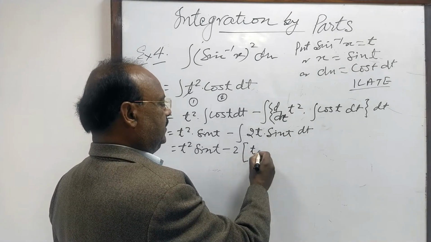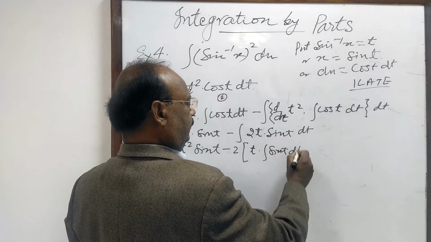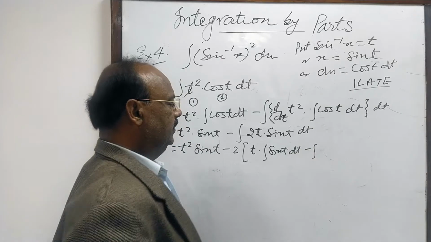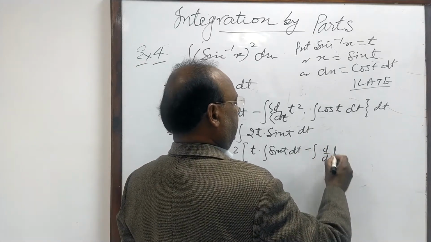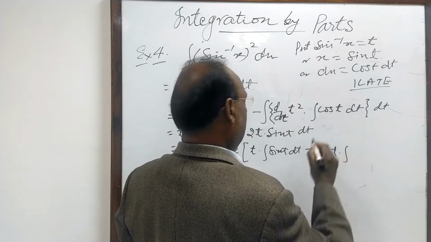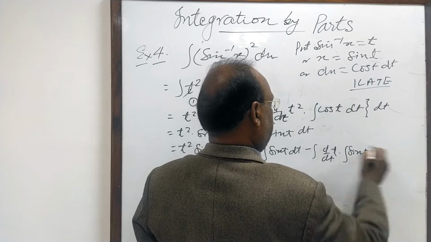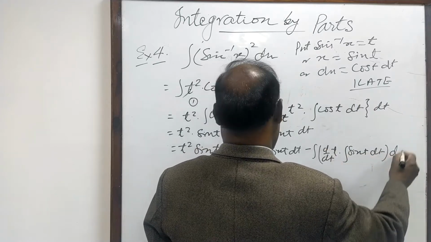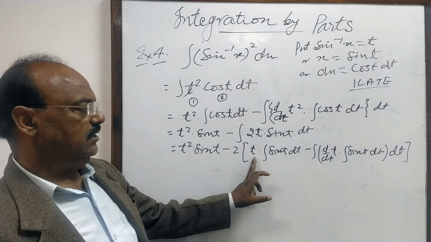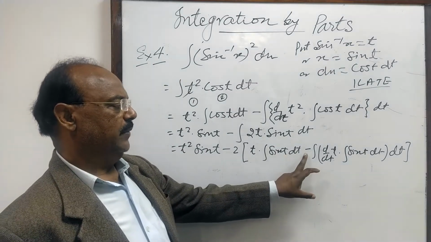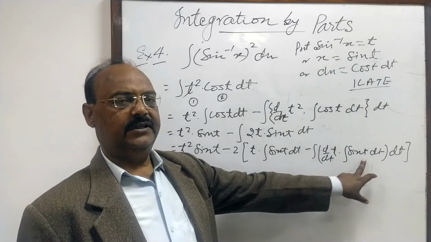So this is first function, integral of second function minus integral of derivative of first function d/dt of t into integral of second function sine t dt, and here whole dt. Understood? First function, integral of second function minus integral of derivative of first function, integral of second function.